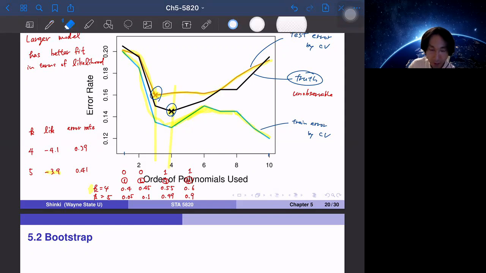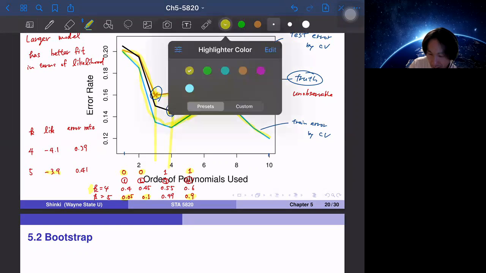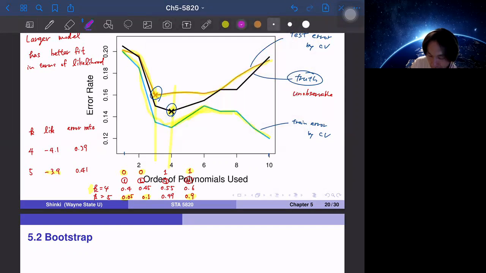In terms of likelihood, k equal to 5 is good because the truth is 0 and the estimated probabilities are pretty close to 0, and 1 and pretty close to 1. But we barely missed this one, because 0.49 is less than 0.5, so we missed this prediction. So the error rate is 25%.